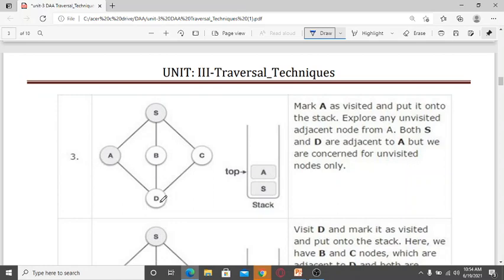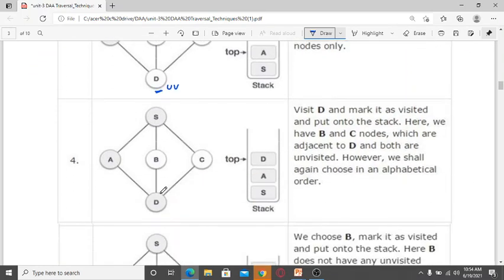Only one unvisited adjacent, which is D. S is already visited. D is unvisited, so you need to select the unvisited node and push it in the stack.